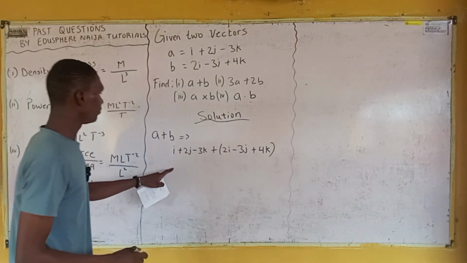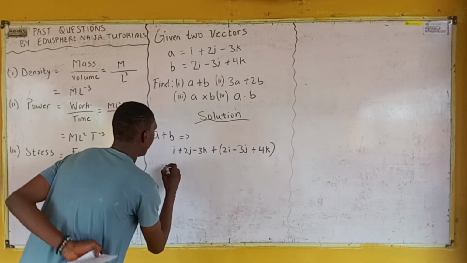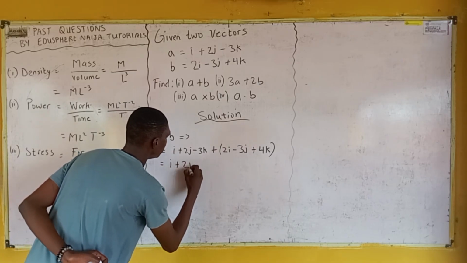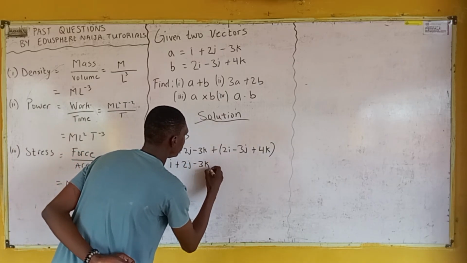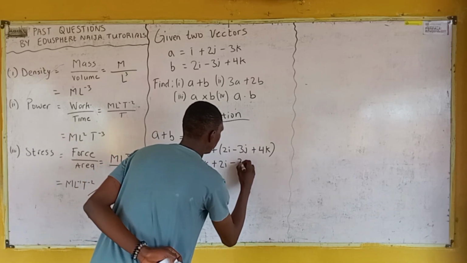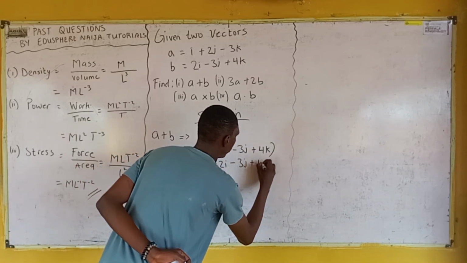So from here, we can deduce I plus 2j minus 3k plus 2I minus 3j plus 4k.